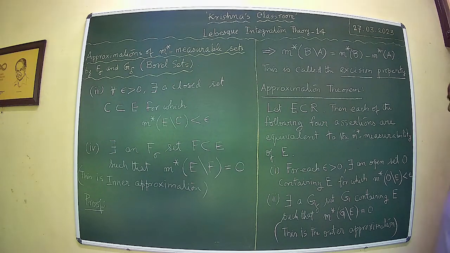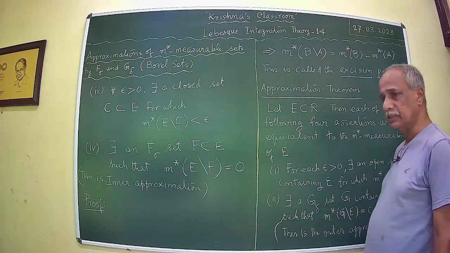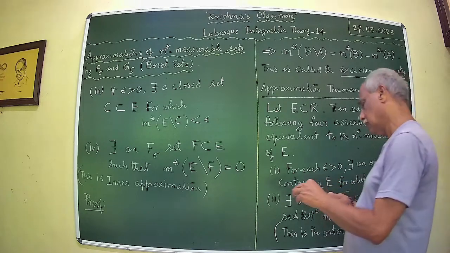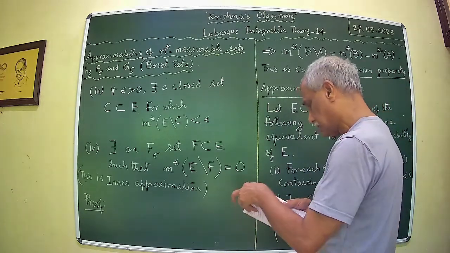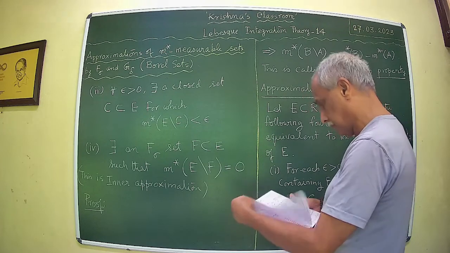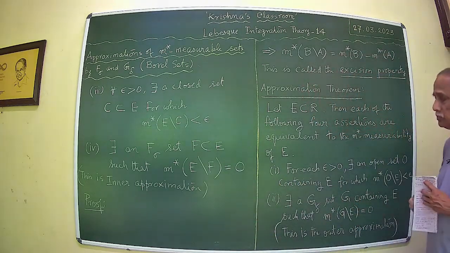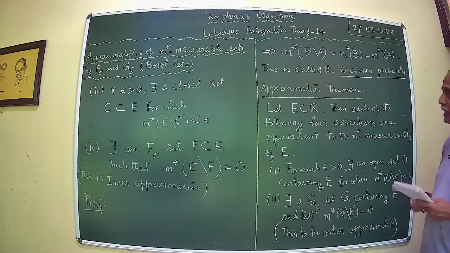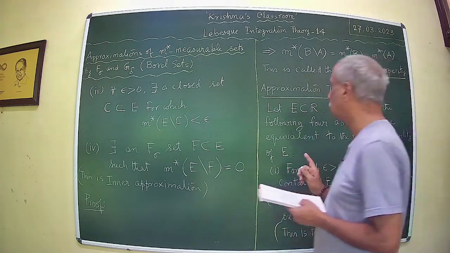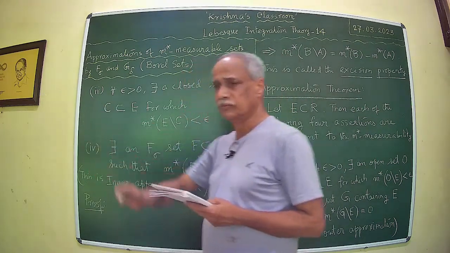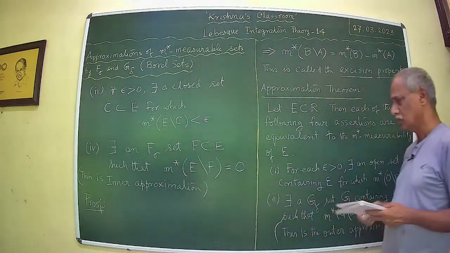A similar procedure, using De Morgan's law, one can prove the equivalence of the measurability of E with 3 and 4. We shall indicate the details.